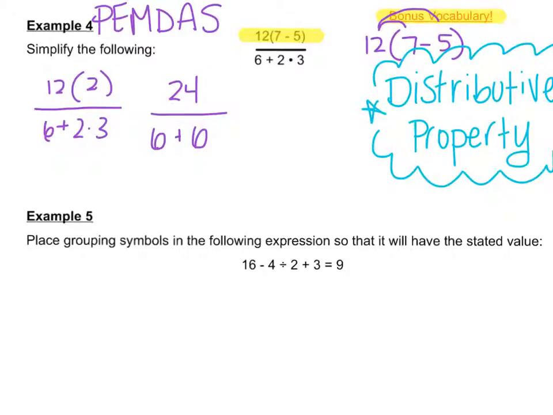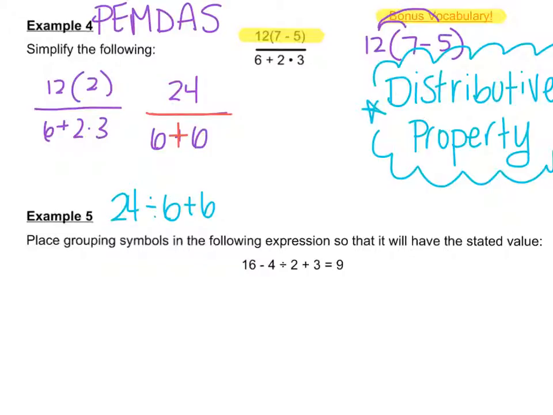And so our question is, do we do division or addition next? And this is where it gets tricky. If it would be written as 24 divided by 6 plus 6, you would do division.